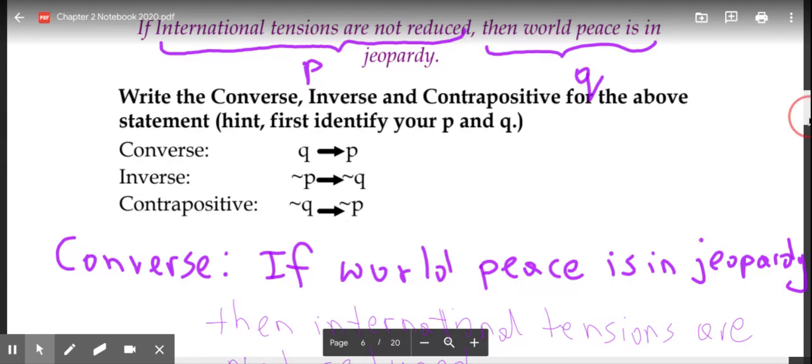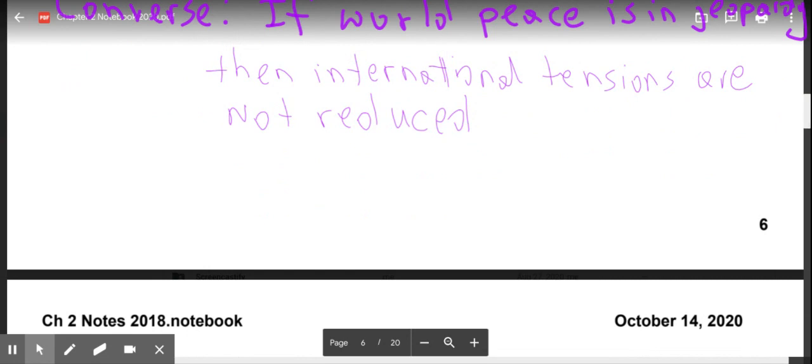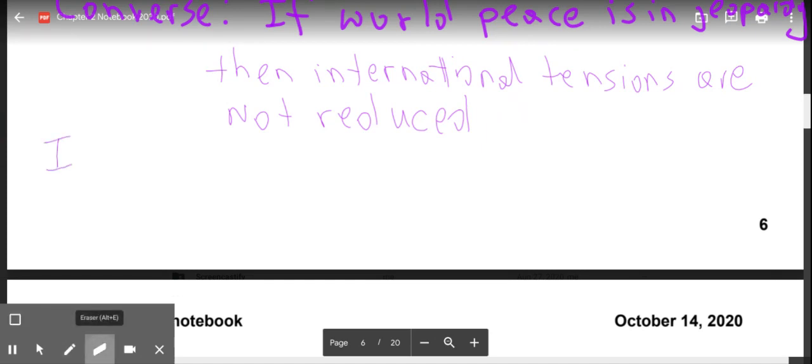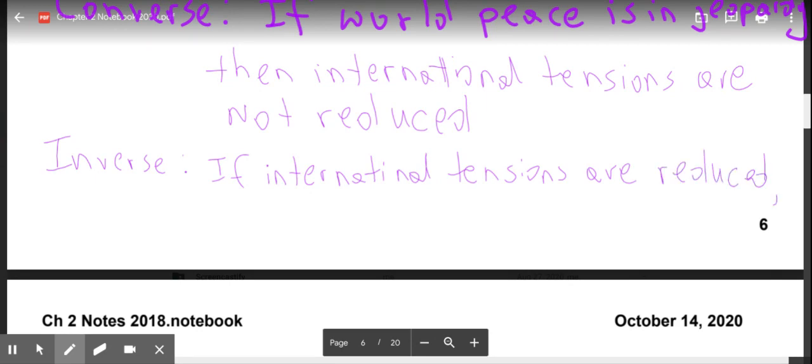So if you negate it, you will have, if international tensions are reduced, then the world peace is not in jeopardy.